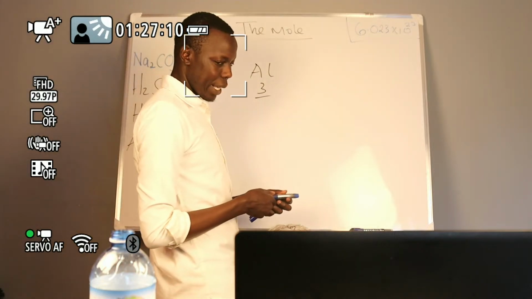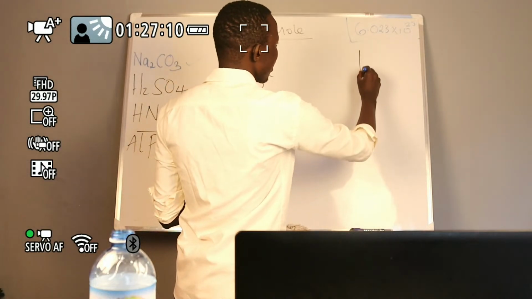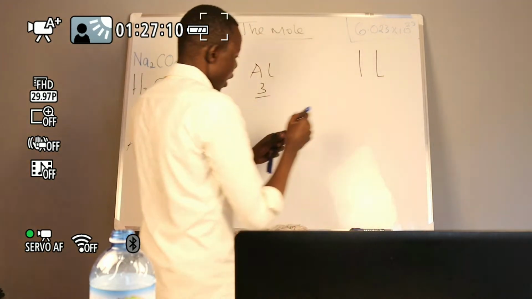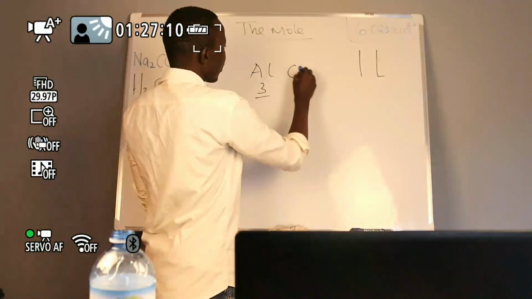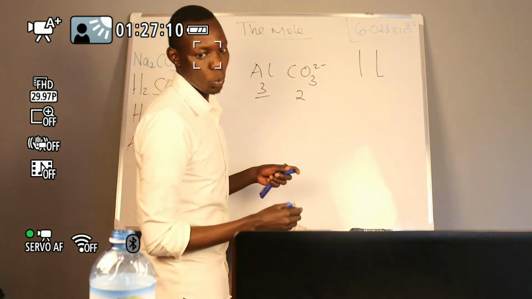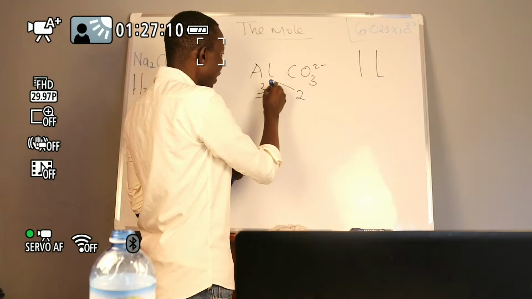I think I need to visit my nursery teacher. Okay, the capital is fine. Now, aluminium carbonate is written like this: CO3 2 negative. So it has a valence of 2. So the 2 comes here and the 3 goes there.